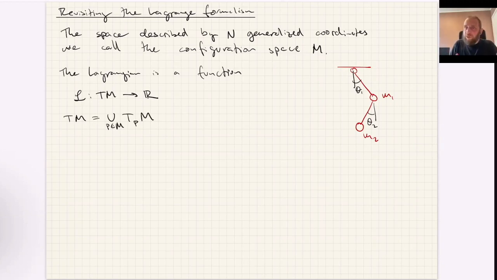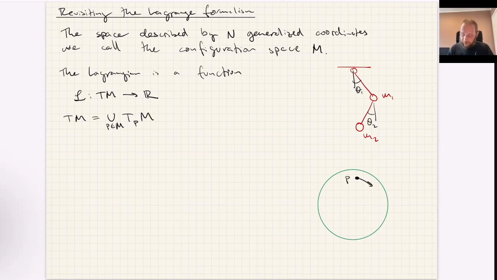So we can use this to describe not only where in configuration space we are, but also how fast we are moving. If your configuration space, for example, was a sphere, an element of TM would be, for example, a vector at point P. That vector could be describing, for example, your velocity at some time.